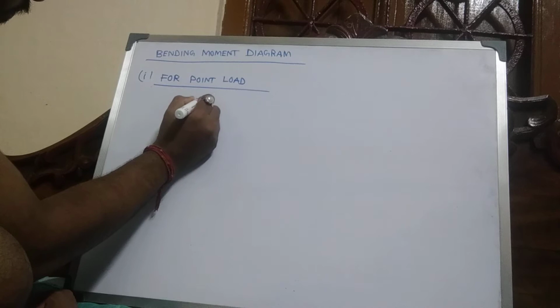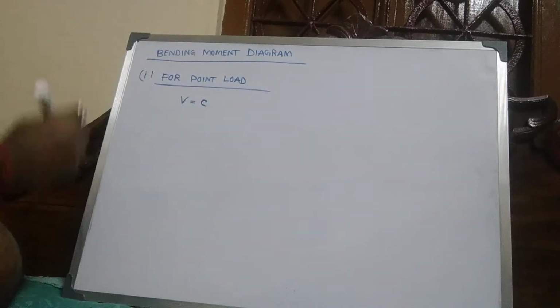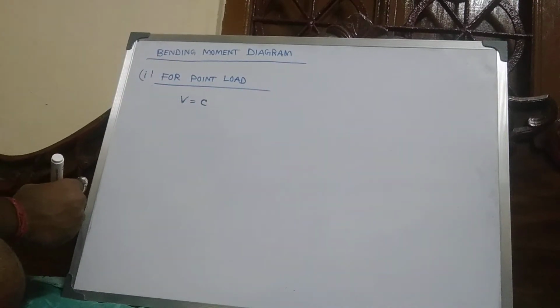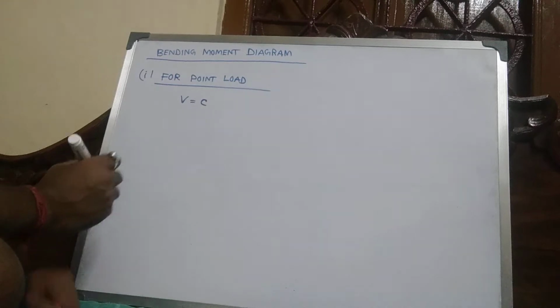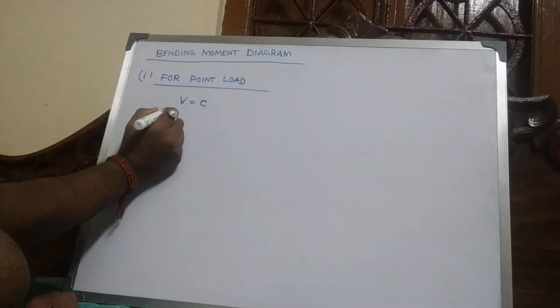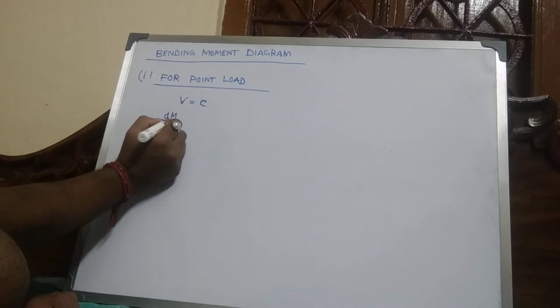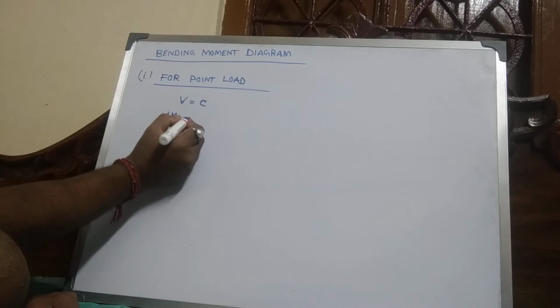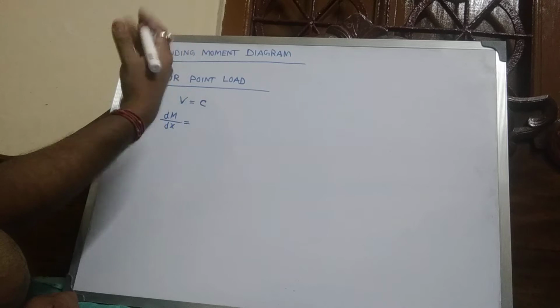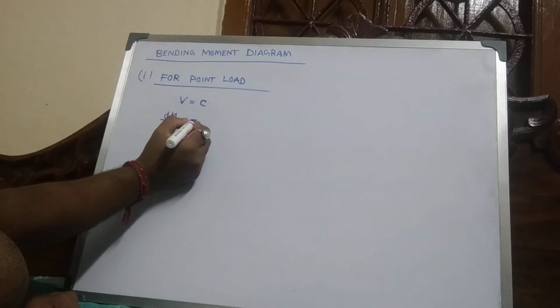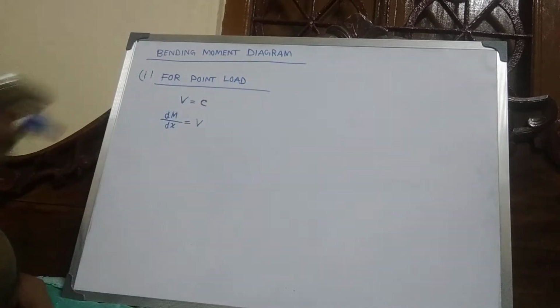Suppose it is C. We know the slope of the bending moment diagram, or rate of change of bending moment, is known as shear force.